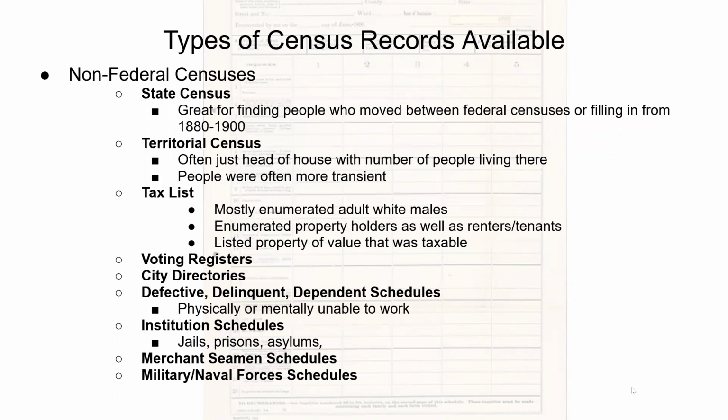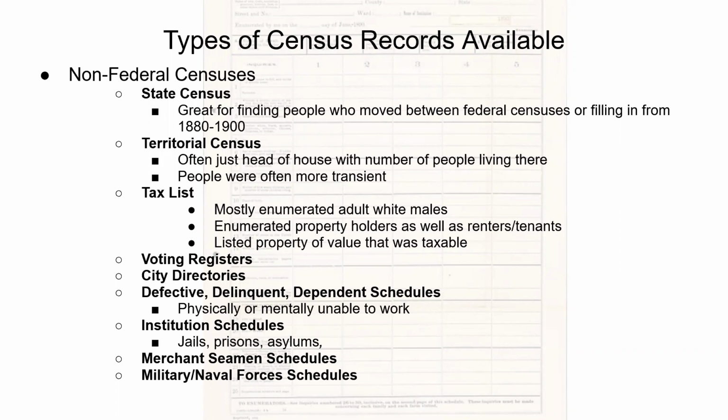There were also non-federal censuses taken, like the state census. This is really good for finding people who moved between the federal census years. So like if your family moved in from 1880 to 1900, because there's that big gap because of the fire, state censuses are a good way to look and find out where the people were living and more information about them.